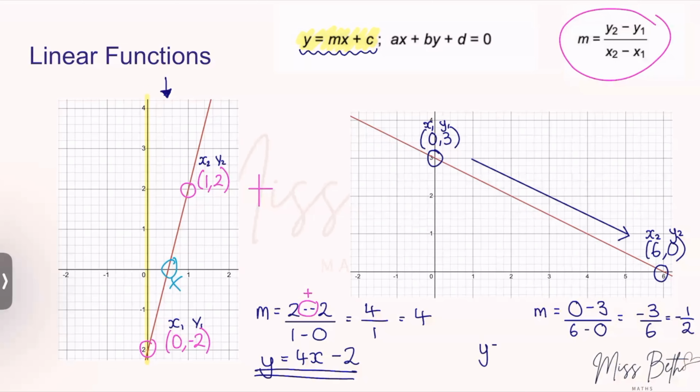We would have y equals -1/2x, and then I need to fill in my c value. Again, I want where it crosses the y-axis, and it crosses the y-axis at positive 3, so plus 3. That would be the equation for that line on the right-hand side.